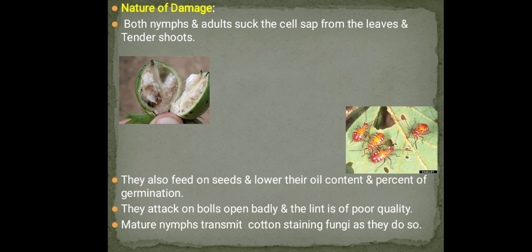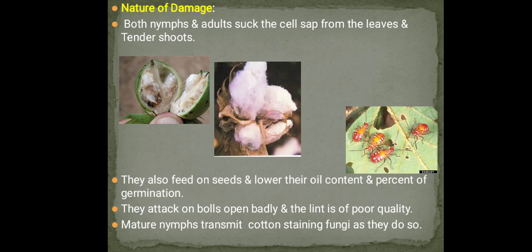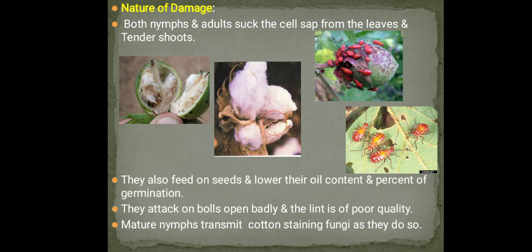Then the mature nymph transmits cotton staining fungi as they do so. It means the whole boll of the cotton is damaged. We see the quality of this cotton is poor. Here we see bunches of the red cotton bug on the lint of the cotton. Lint means boll of the cotton, the fruit of cotton.